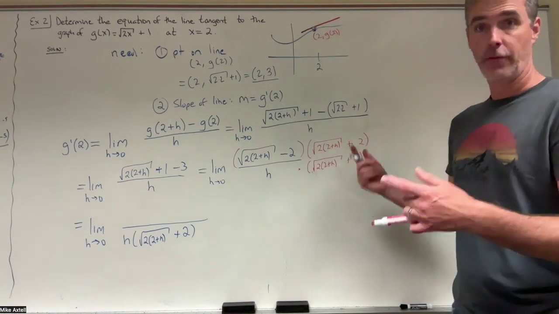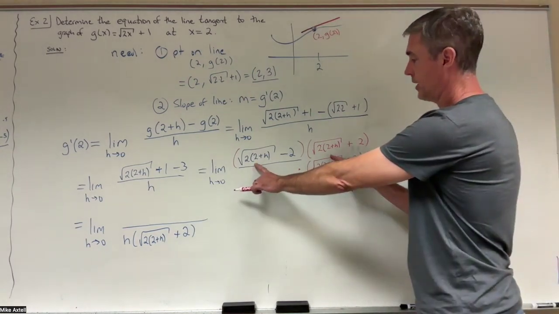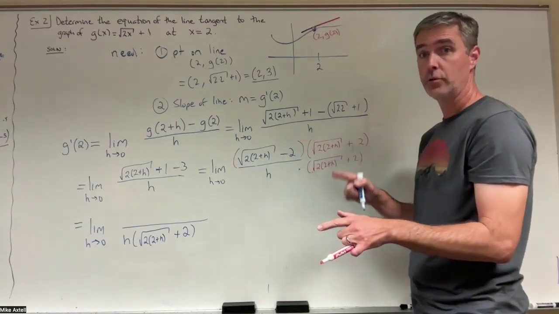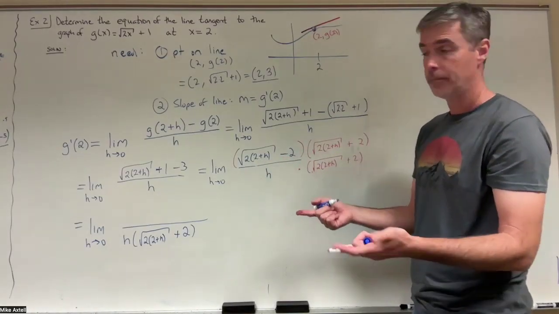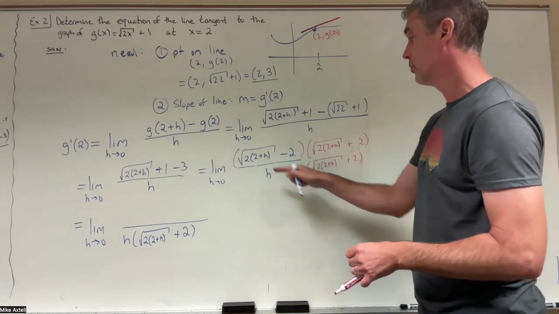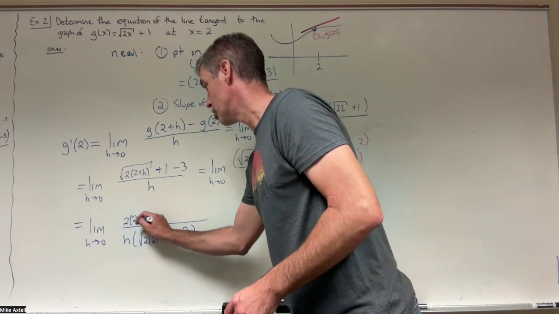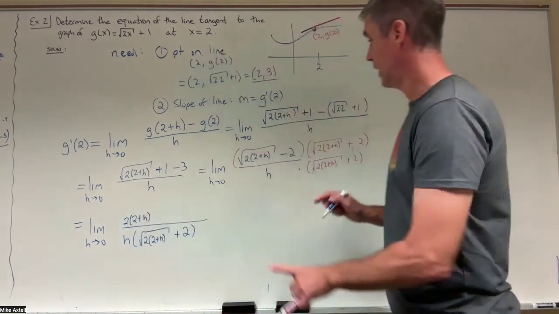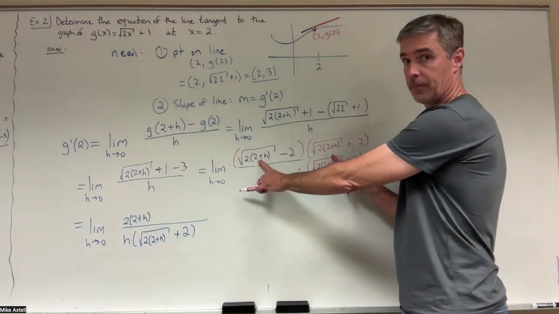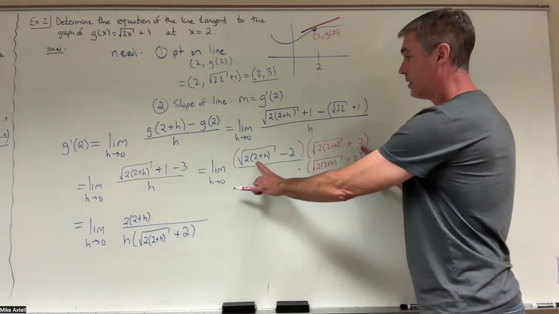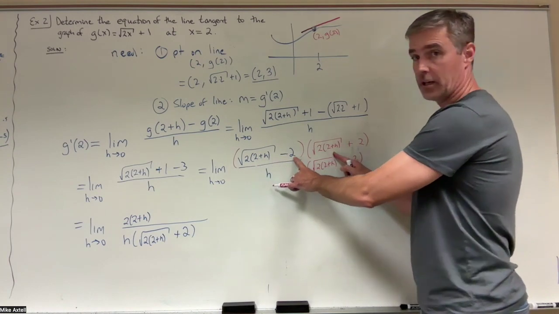Now, numerator, I'm going to FOIL it out. The square root times itself, I just get what's underneath the square root. Like the square root of u times the square root of u is a u, right? So the square root of 2 times 2 plus h times itself is just 2 times 2 plus h. So that's the first multiplied together. Then with the conjugate, we always know that the outers and the inners are going to knock each other out.